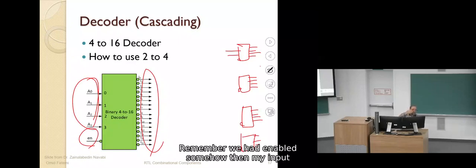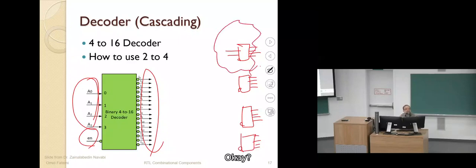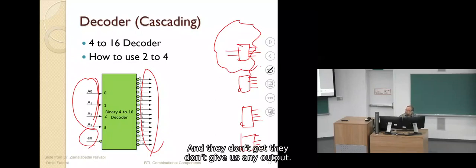When my input is 0000, 0001, 0010, and 0011, for these 4 numbers, I want this decoder to be active. Agree? And the rest would be disabled, and they don't give us any output. Their outputs are 1. Only this decoder will give us 1 output as 0 and the rest as 1.